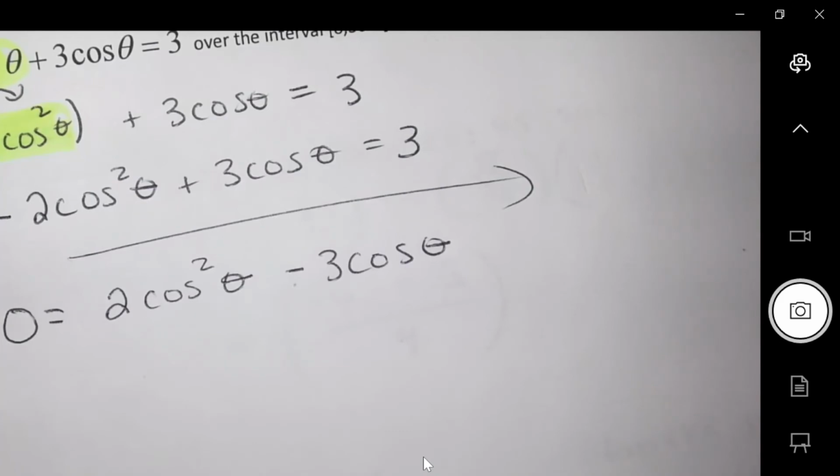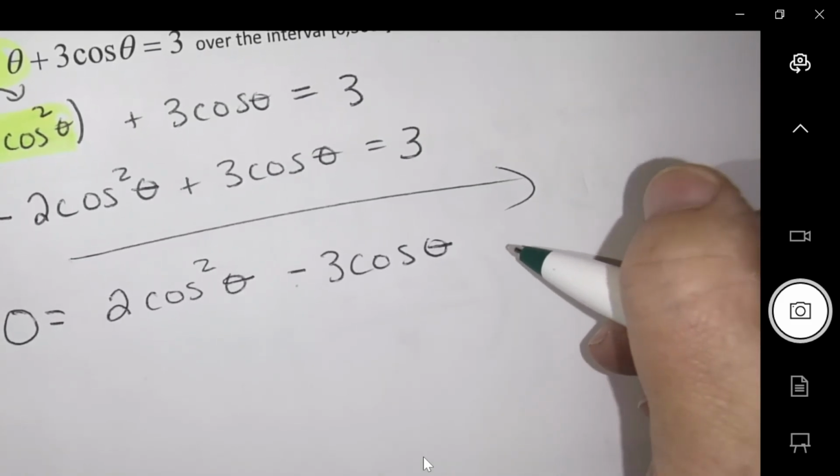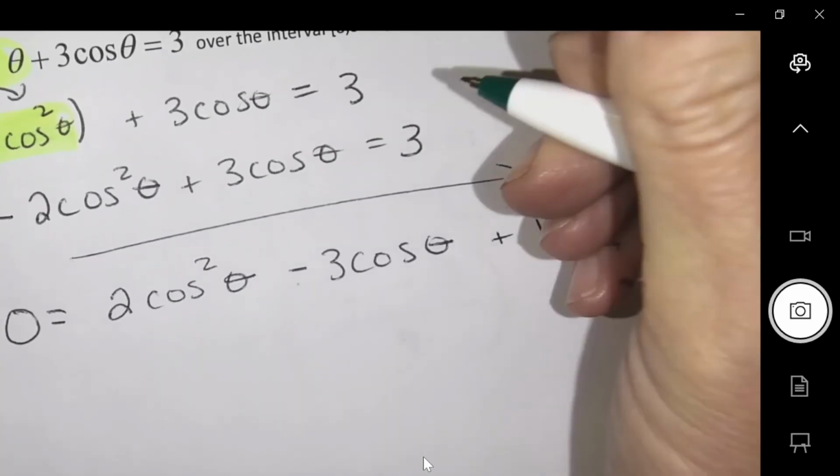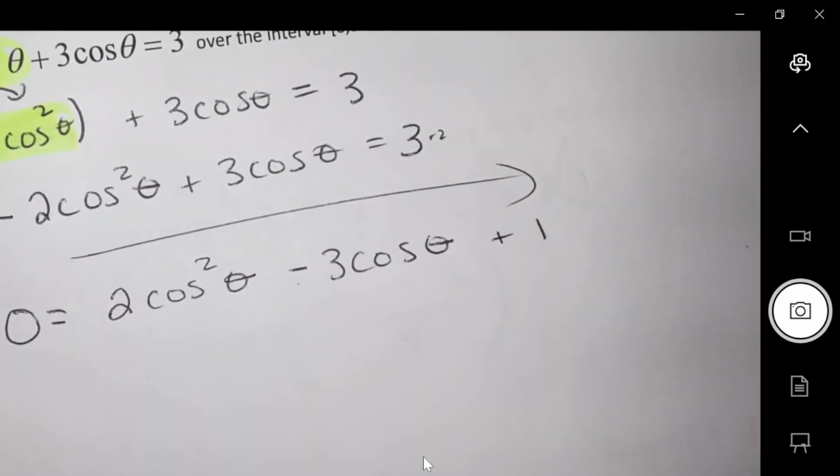And for some reason on this test, when students are moving stuff, this is actually where I get most of my mistakes. What is the number? Did you put a plus 1? Okay, so be concentrating on that. If you end up with mistakes there, it will make your life a lot harder.